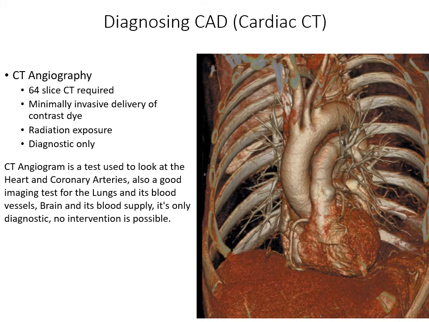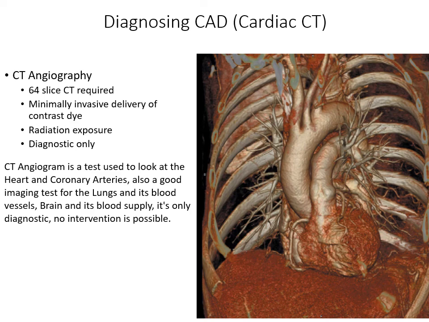So here's diagnosing coronary artery disease with cardiac CT. You do get lovely images on a CT angiogram. You still need to receive the dye, and then you get multiple slices, multiple images from a CT scan.